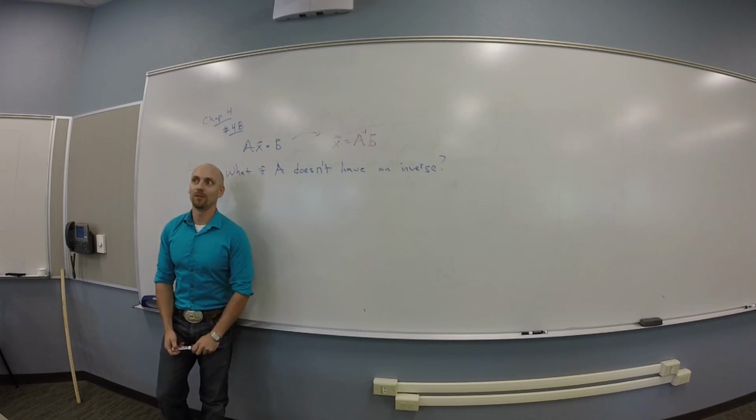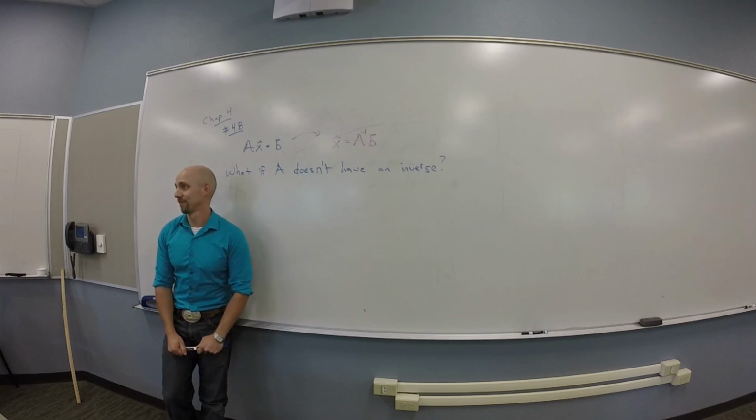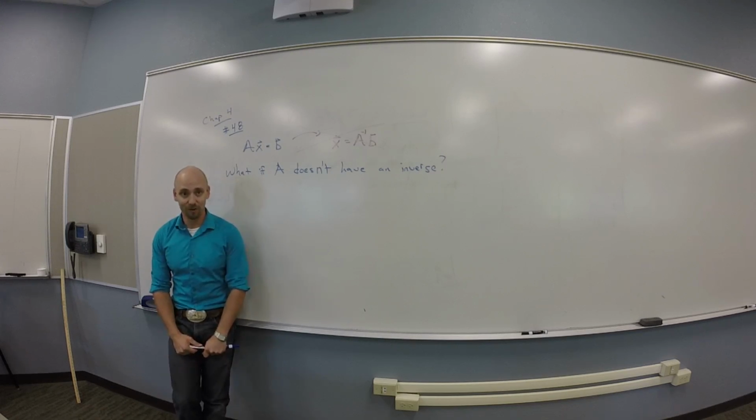So what does it mean in terms of functions when the matrix doesn't have an inverse? It doesn't have an unfunction, and the reason is that it smashed something.